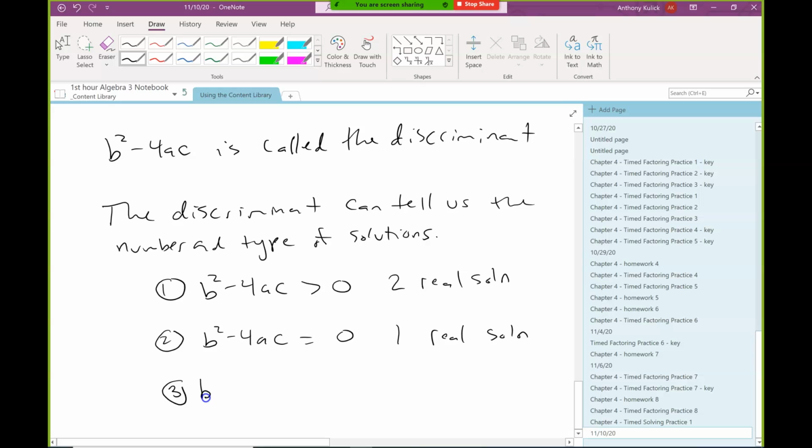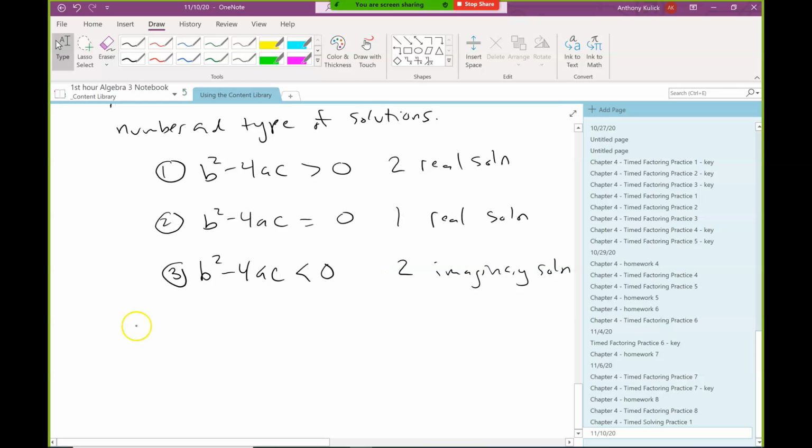And then the third situation is if that discriminant is negative. In that situation, we're going to get 2 imaginary solutions. So let's say we have x squared plus 5x plus 2.